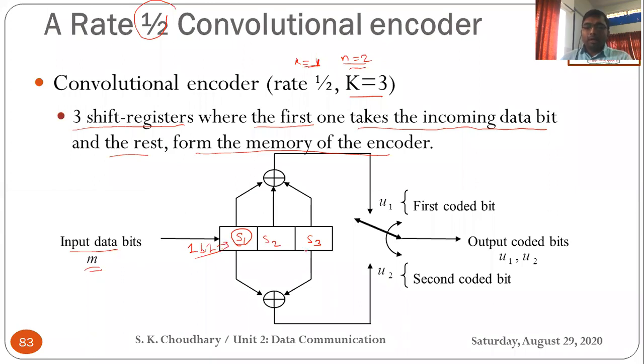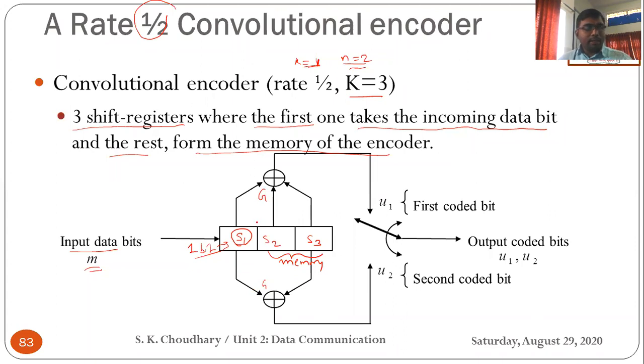And the rest of these 2 are used for the memory element, K minus 1, where K is capital K. Then there are the G that I mentioned in the block diagram of the digital communication system.